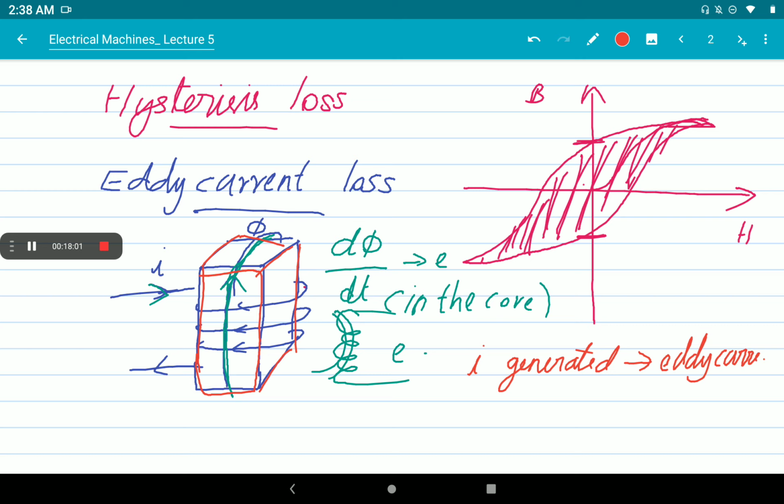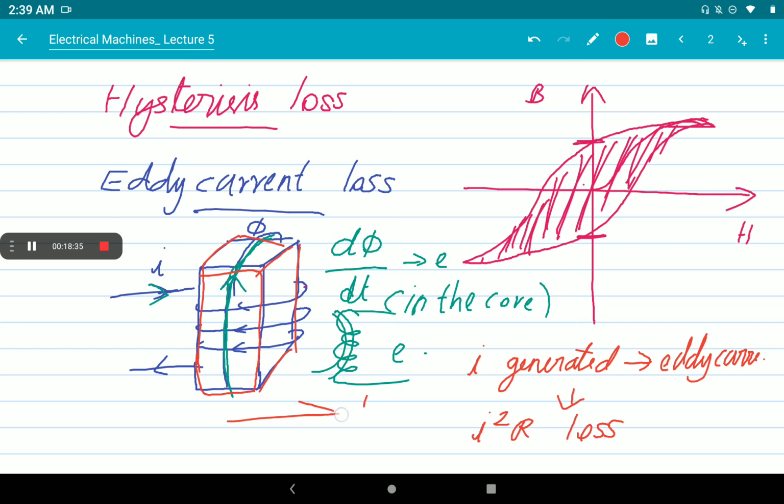If the resistance of that conducting material is low, it will produce a large current, and that current will flow in all directions in that thick material. That eddy current will in turn produce a large I square R loss in it, because it's an unwanted current in that magnetic core.